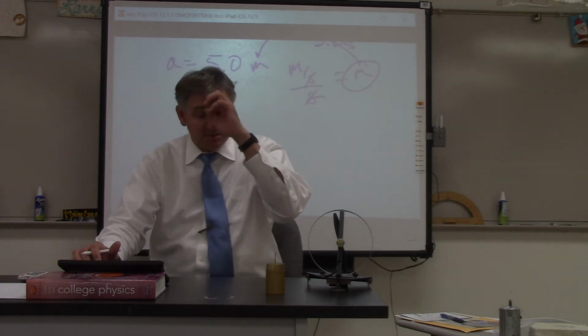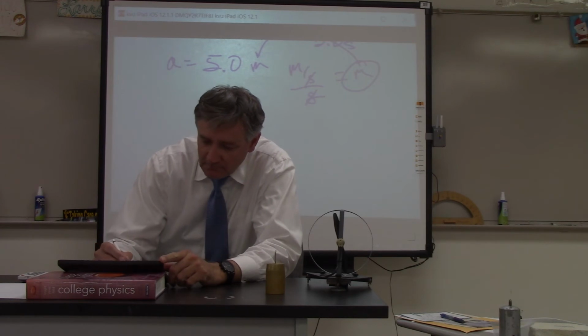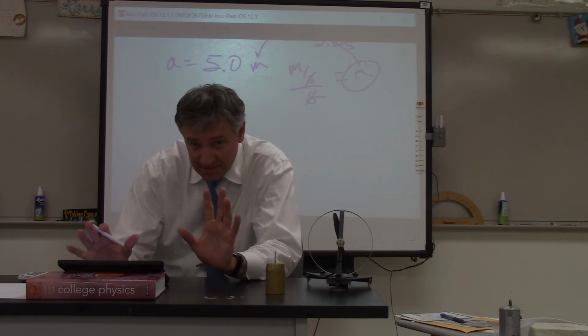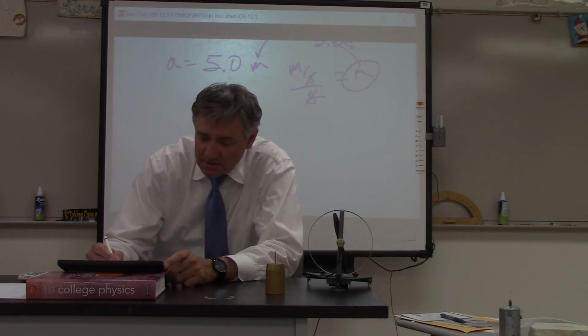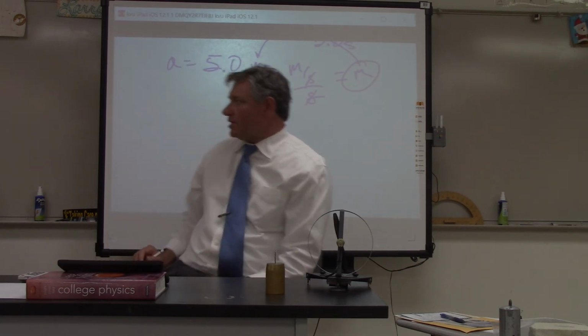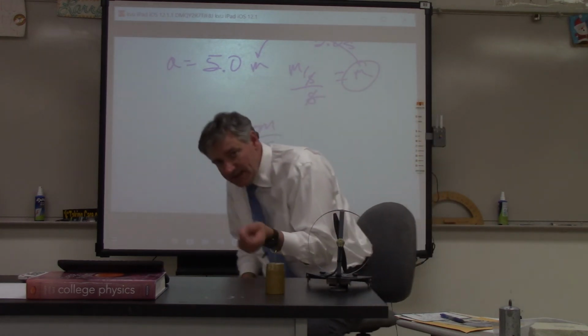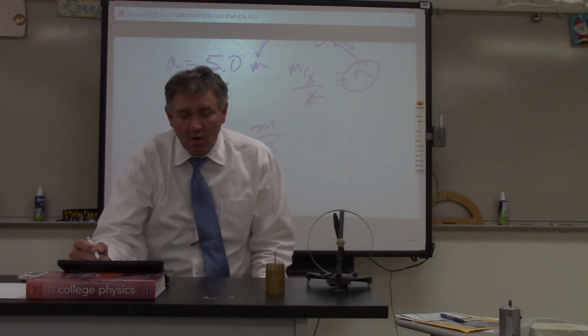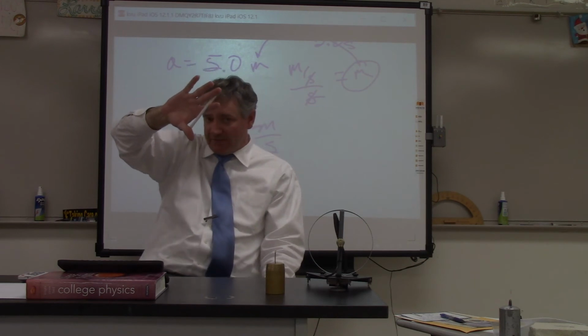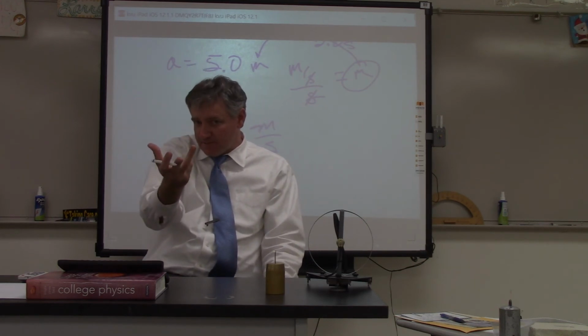But here is what's going to happen. So there's a couple of ways you can do this. It's a personal preference. So one option is you can go, okay, that's meters per second, and we're going to divide by seconds. So instead of dividing by seconds, we can do the magic thing of algebra, and we can multiply by the reciprocal.